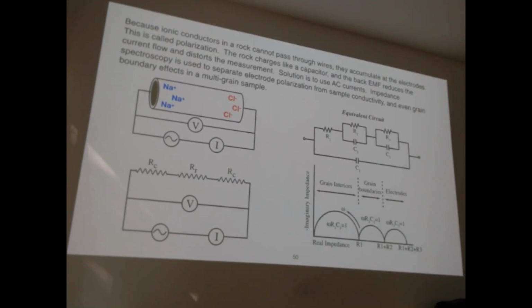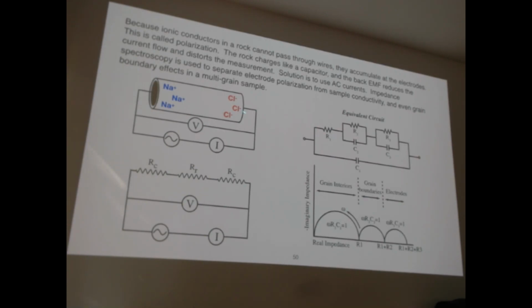And you can get really clever with that by changing the frequency at which you make the measurement and sweep through a whole bunch of frequencies. And then you can discover that not only do you have a sort of a capacitor and resistance where the electrodes are, you've also got capacitance inside the sample and the resistance inside the sample.